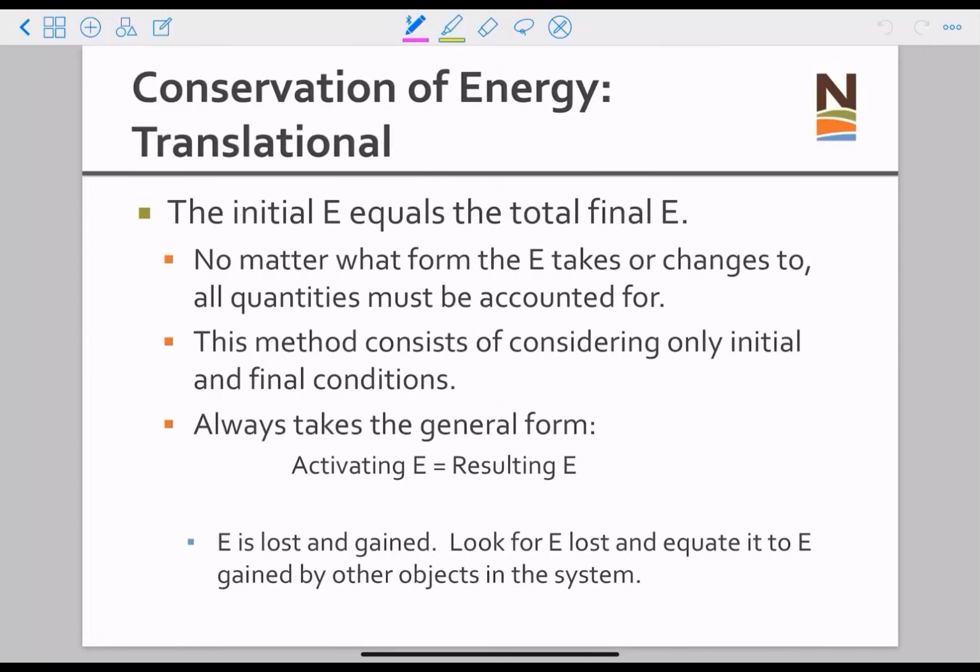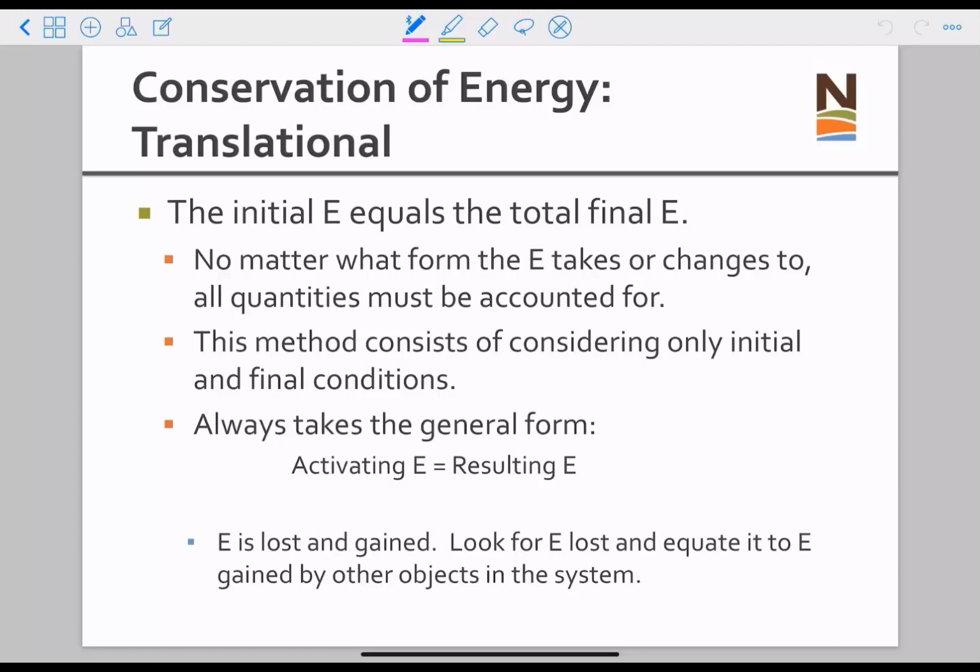Okay, so conservation of energy, translational. The initial energy equals the total final energy. Now, this slide in particular is not going to necessarily make a ton of sense to you right up front. I will come back to this when we do these exact problems.